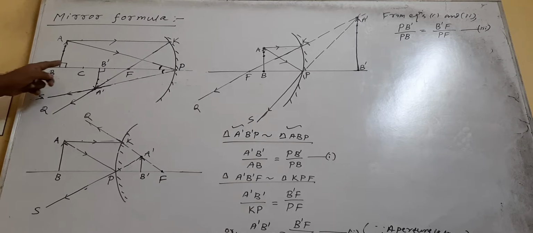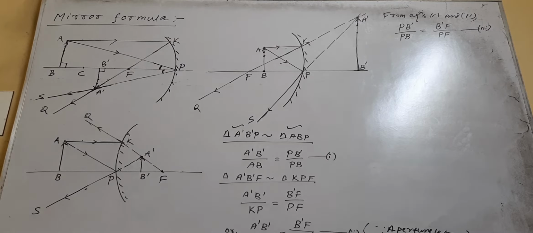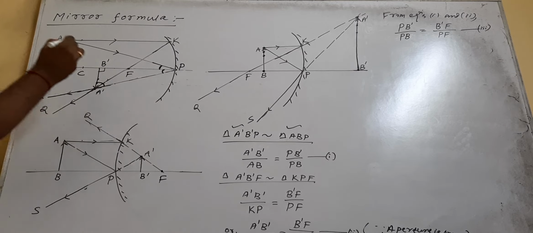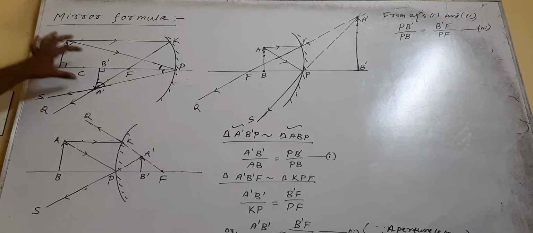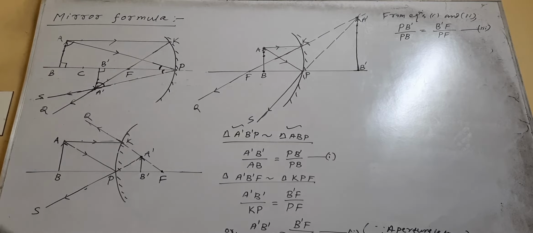So in two triangles, if two angles are equal, then definitely the third angle will be equal. That means these two triangles are similar. If the two triangles are similar, then the ratio of their corresponding sides are equal. That means A'B'/AB is equal to PB'/PB.